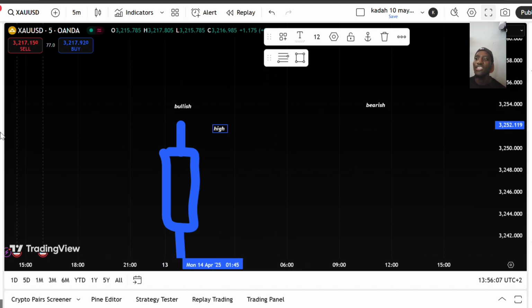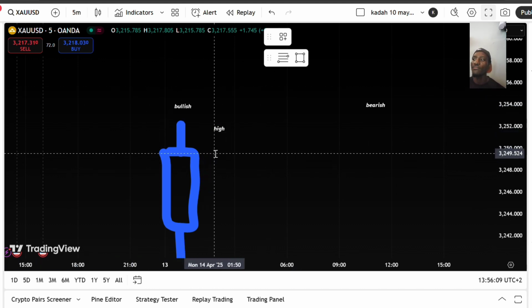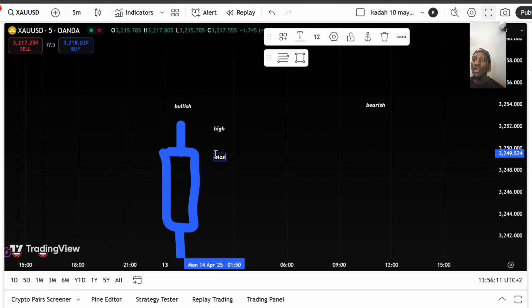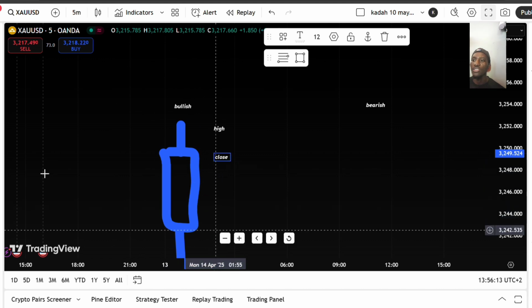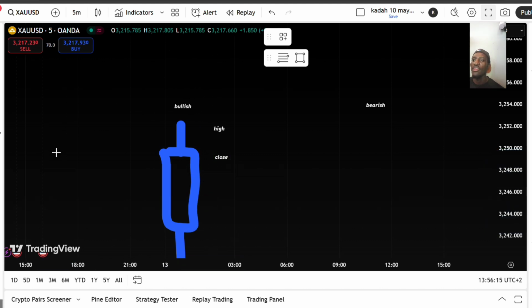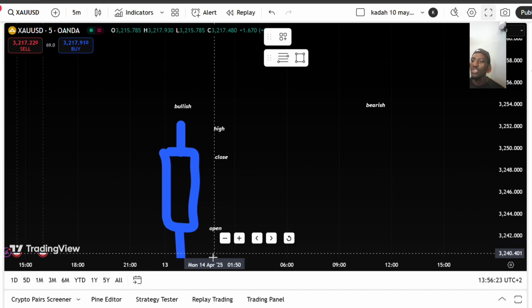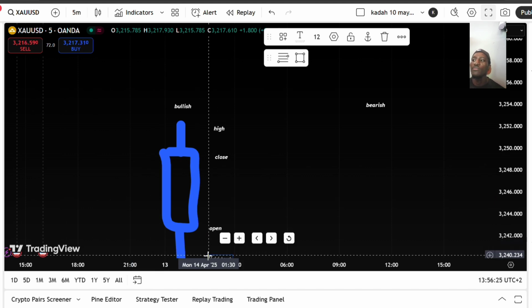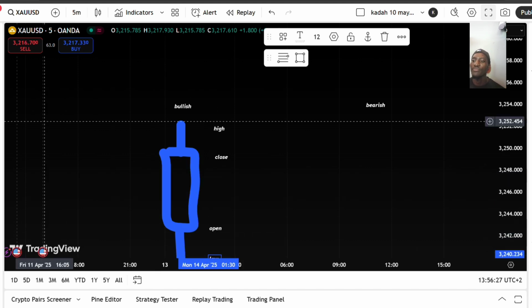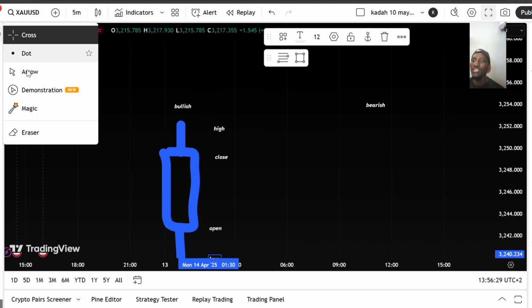Then the next part is the candle close, so let's write close. Then the next part is the candle open, so let's write open. The last one is the candle low, so let's write low.